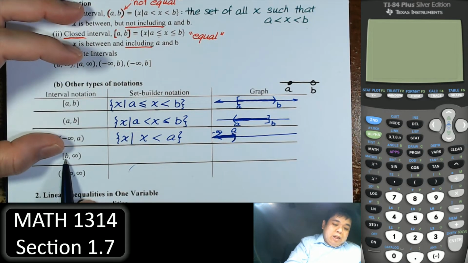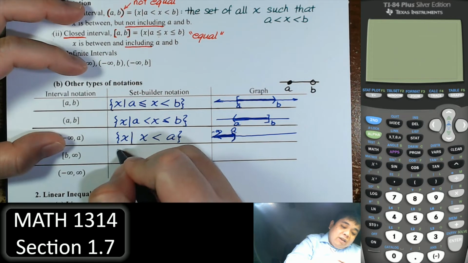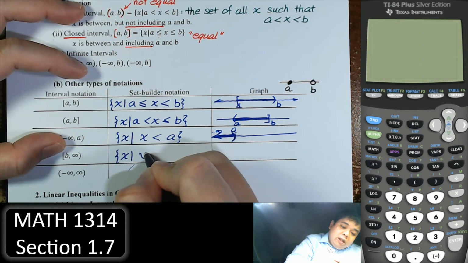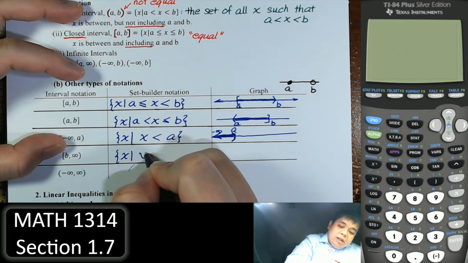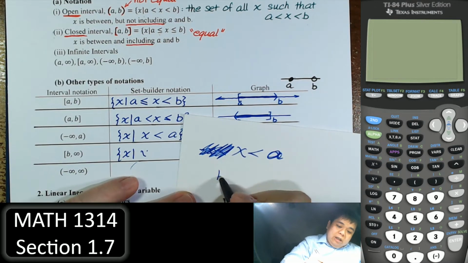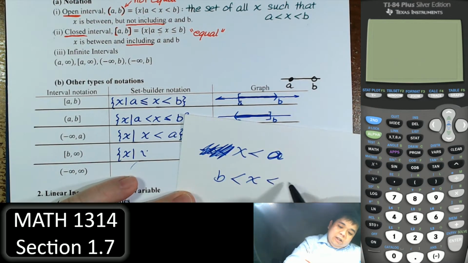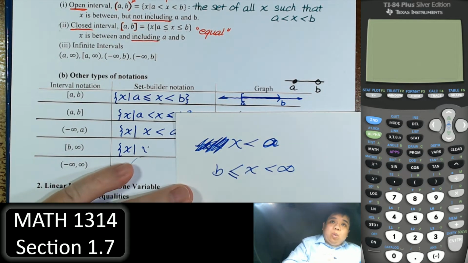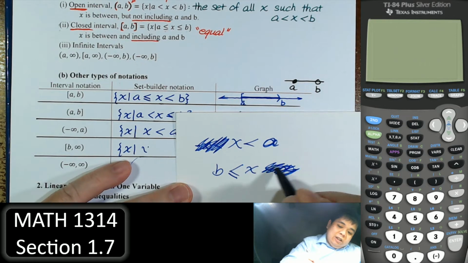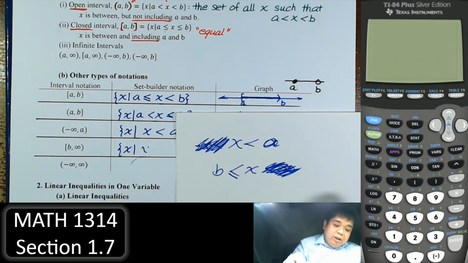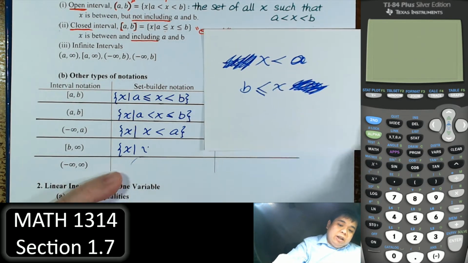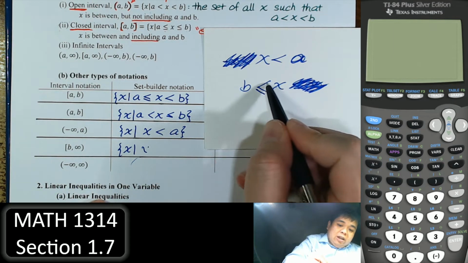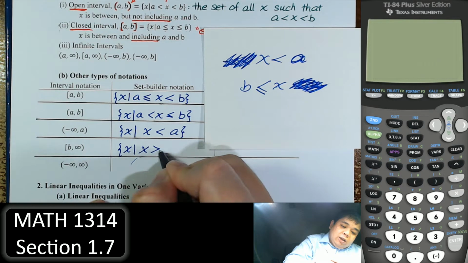And then here from b to infinity, likewise everything is less than infinity, so we do not need to write it. So we have b including, we do not need to write less than infinity because everything is less than infinity. However, we can write just b less than or equal to x, or x greater than or equal to b.